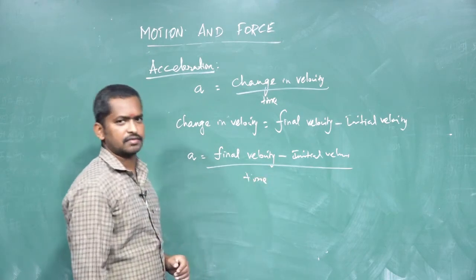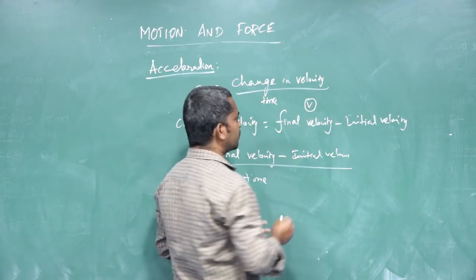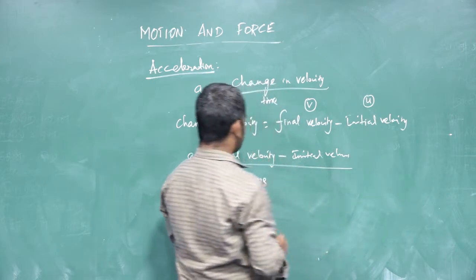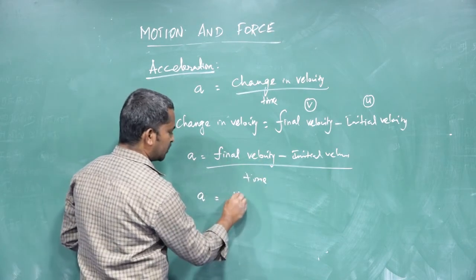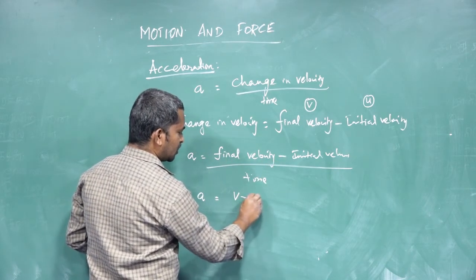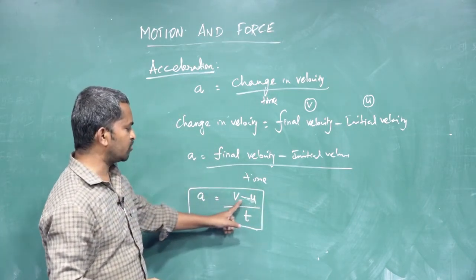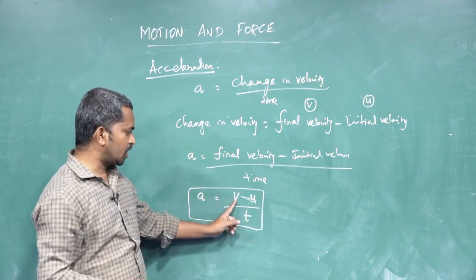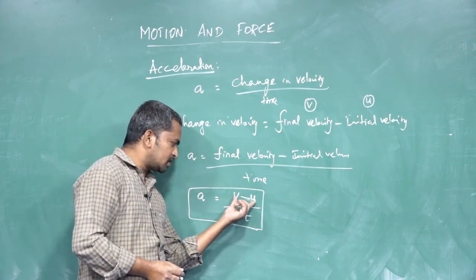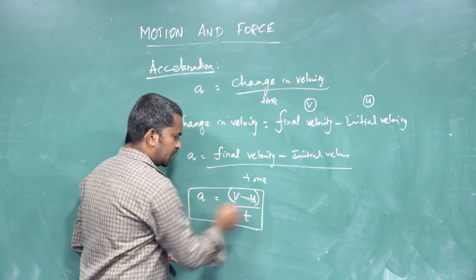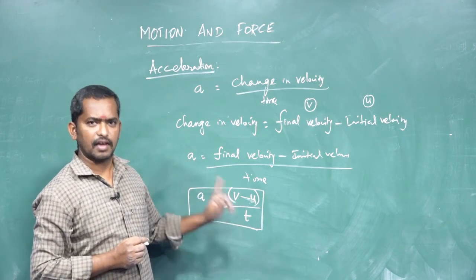The symbol of final velocity is V. The symbol of initial velocity is U. You know well the time period symbol is T. So the acceleration A is equal to final velocity V minus initial velocity U divided by time T. This is the formula of acceleration: A is equal to V minus U divided by T. The rate of change of velocity is called acceleration.